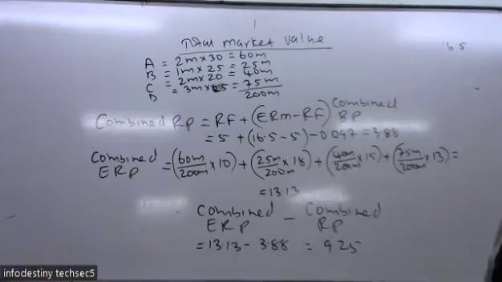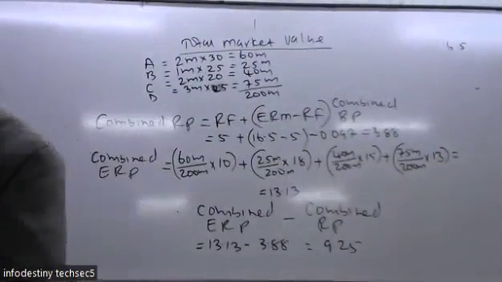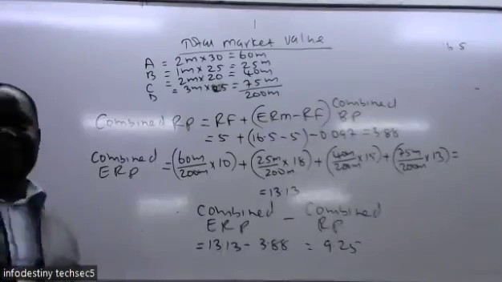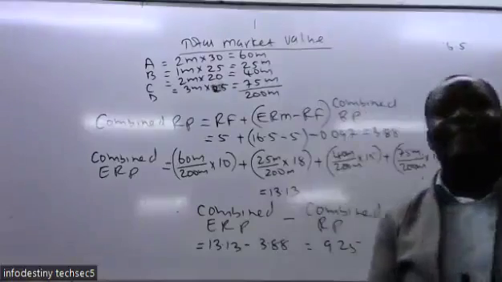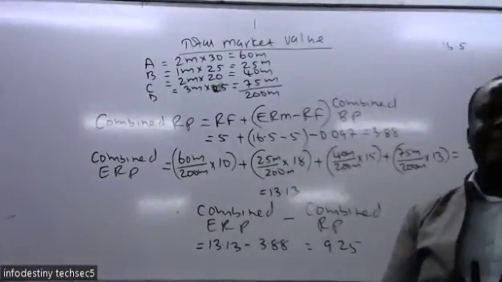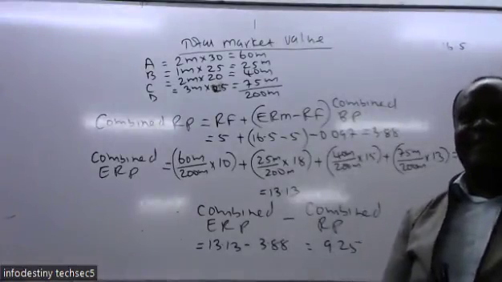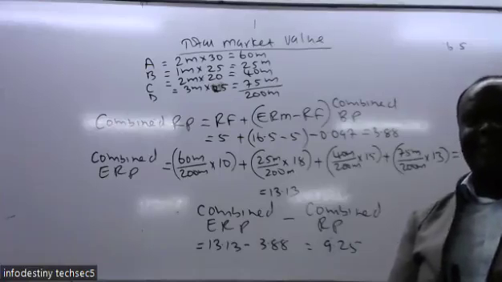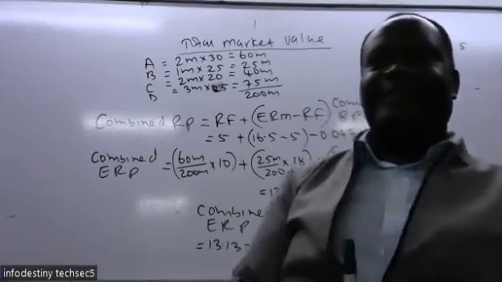My question is, I wish we can look at two areas in real life where we have the expected return. What if you invest your funds and the expected return is 10%? That is what you expect.